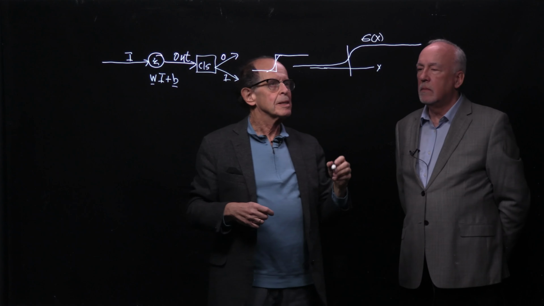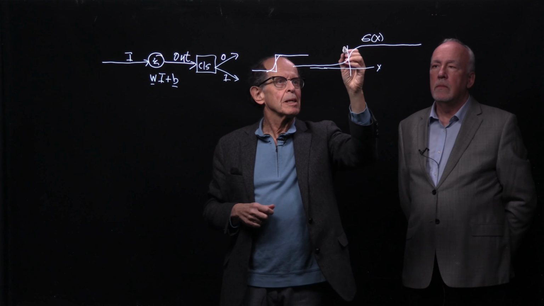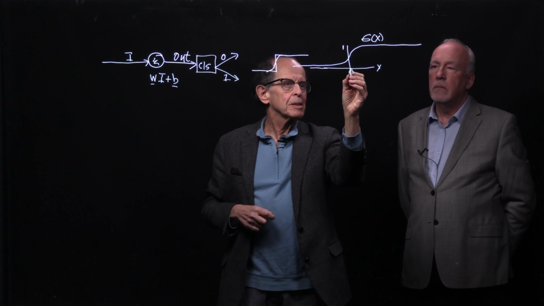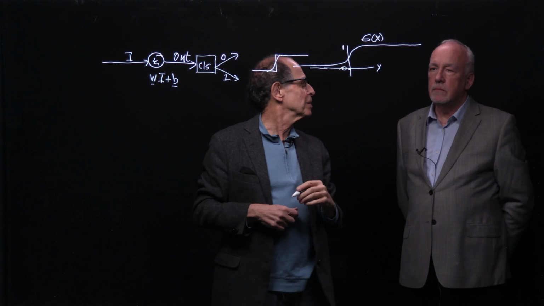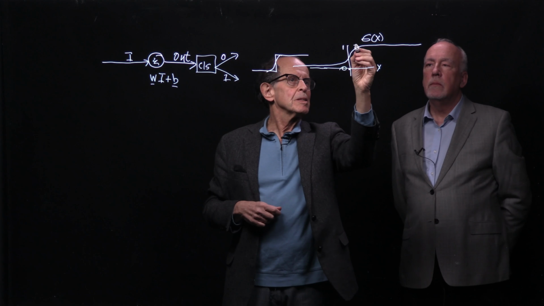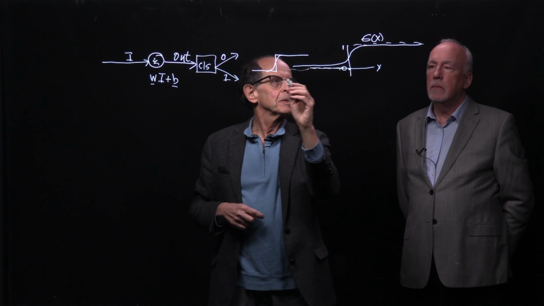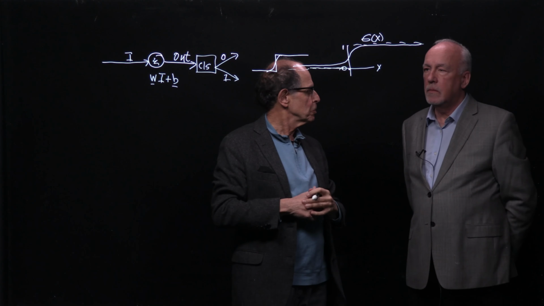Sigma is an easy function to write. I'll write it in a minute. It goes from 1 here, and then at infinity it would go to 0. So we can think of the x-axis and y equal to 1 as asymptotes.